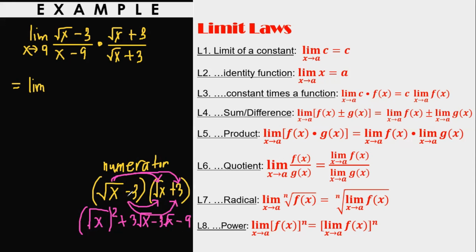Bakit siya negative 9? Of course, we just have to multiply the 3. Negative 3 times positive 3 is equal to negative 9. So as you can see, since the given is actually in this way, we will be canceling na lang kung ano yung pwedeng ma-cancel.